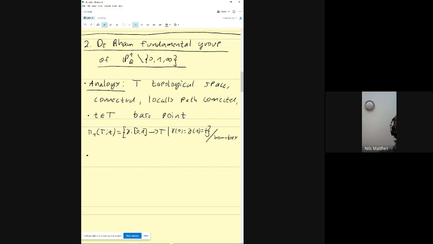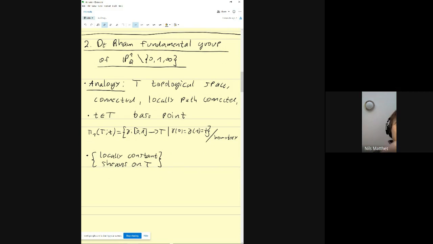So this works as follows. If you have your topological space T, you can look at the category of covers, or, well, I'll actually use the equivalent formalism of locally constant sheaves on T. So just sheaves of sets which are locally constant in the sense that for any point there's a small neighborhood such that the restriction of the sheaf to that neighborhood is constant.